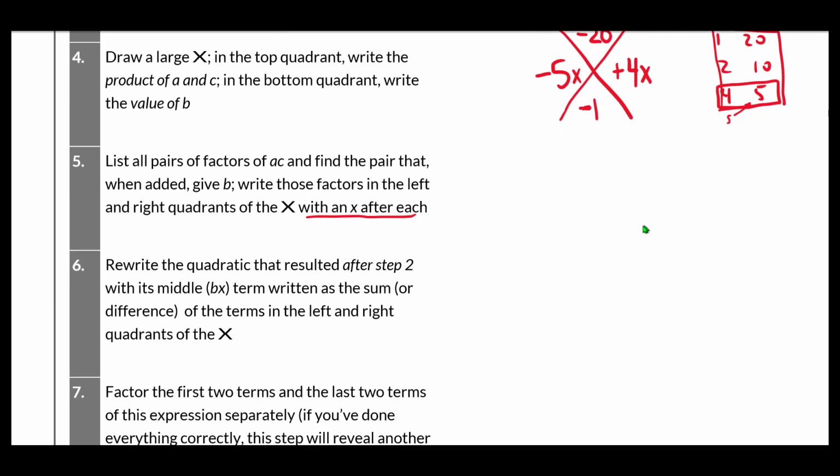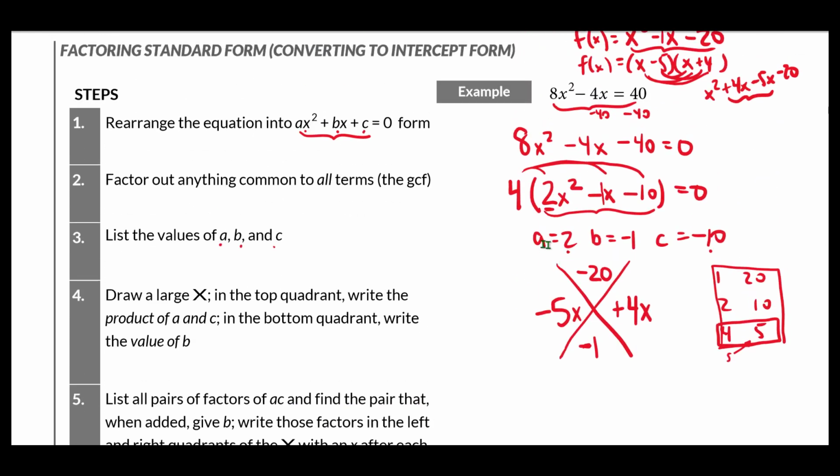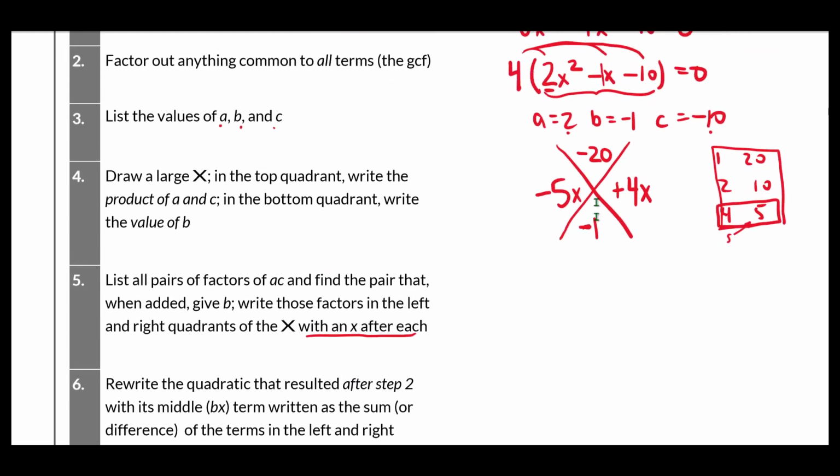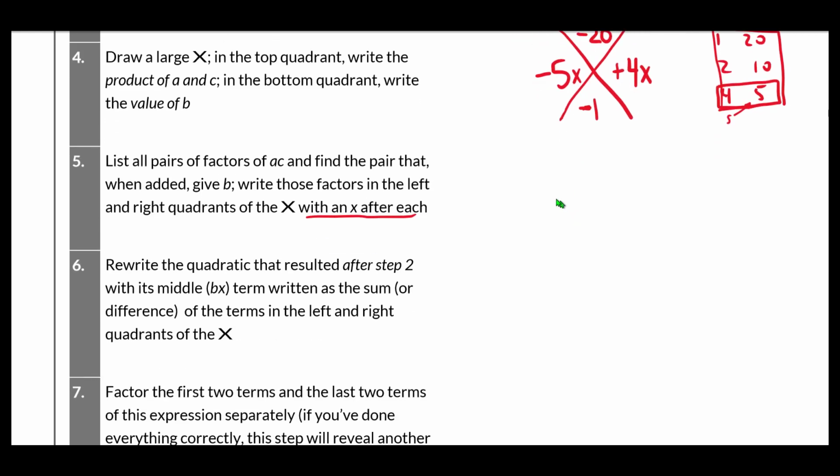Now I am going to rewrite the quadratic that resulted after step 2. That was this quadratic in here. I'm going to rewrite that, but I'm going to rewrite the middle term, the bx term, in terms of these two. I'm going to break that negative 1 into a negative 5x plus a 4x. Negative 1x is going to become negative 5x plus 4x.